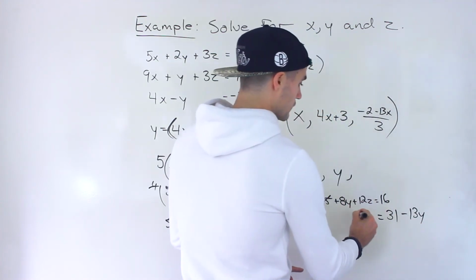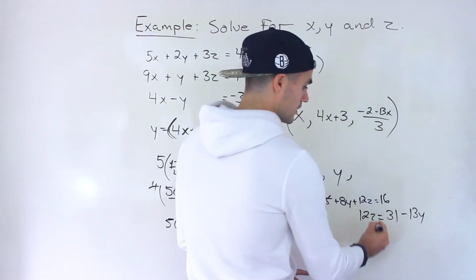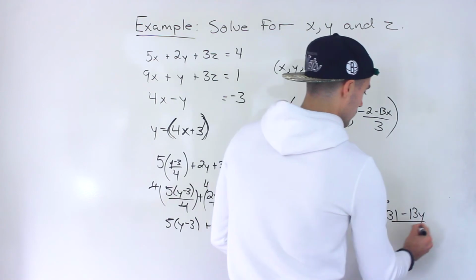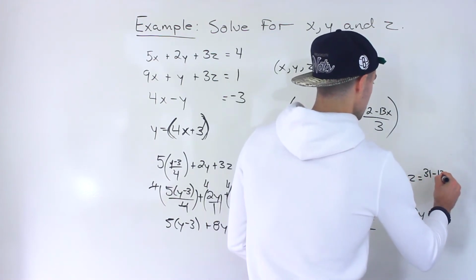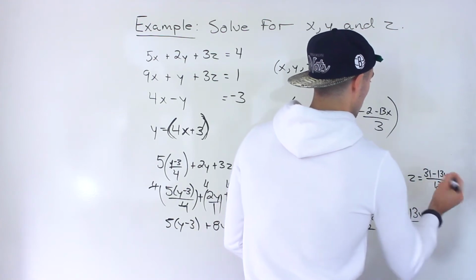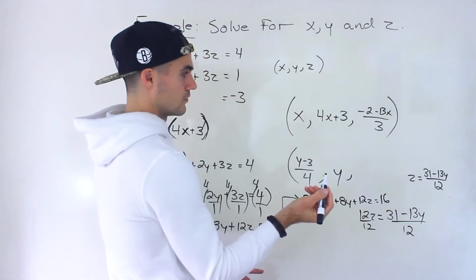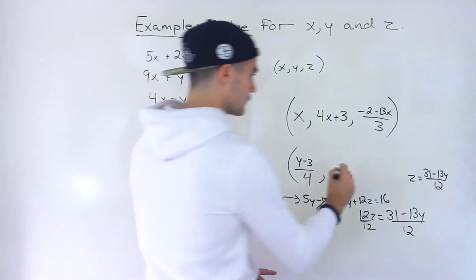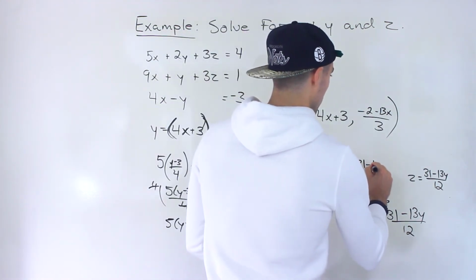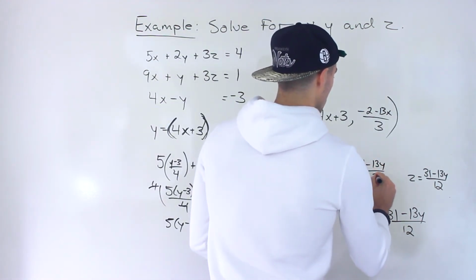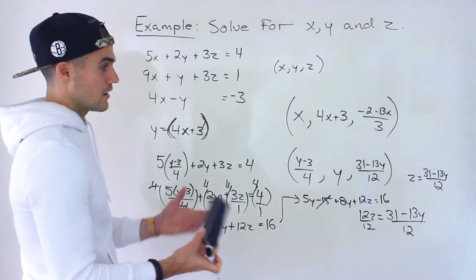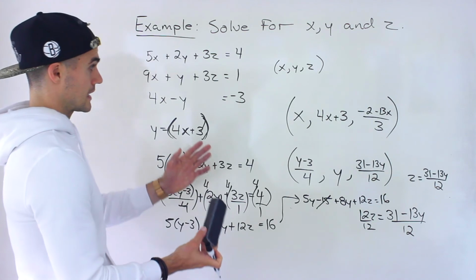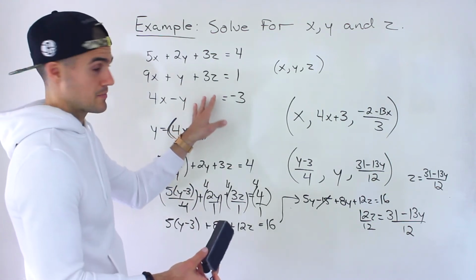We have 12z left, and we divide everything by 12. So z equals 31 minus 13y all over 12, and you can't simplify that any further. So that's another way to represent the solution for this dependent system.